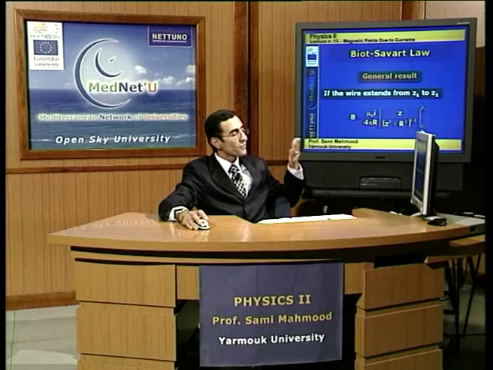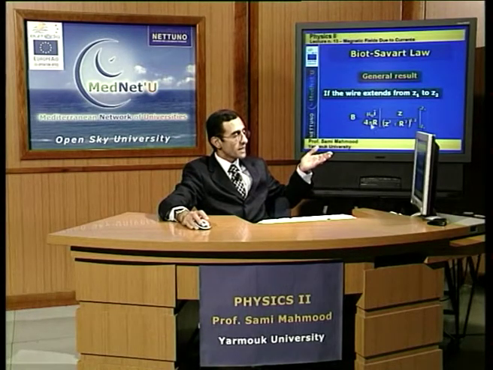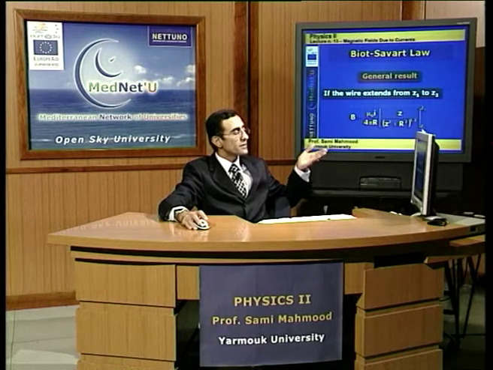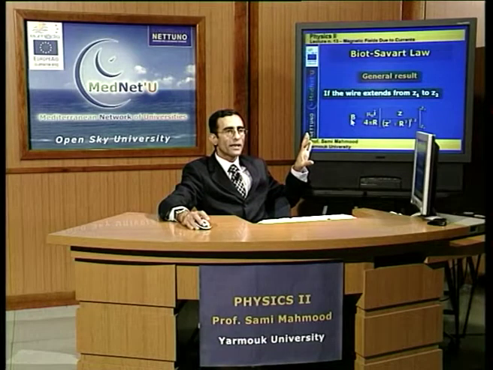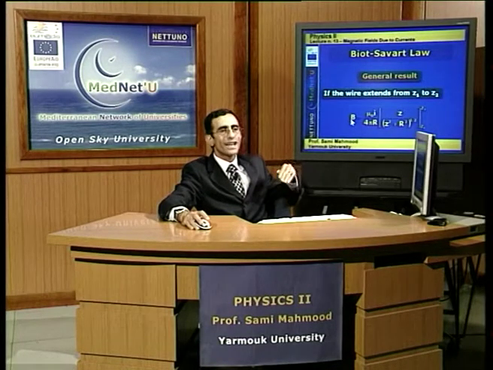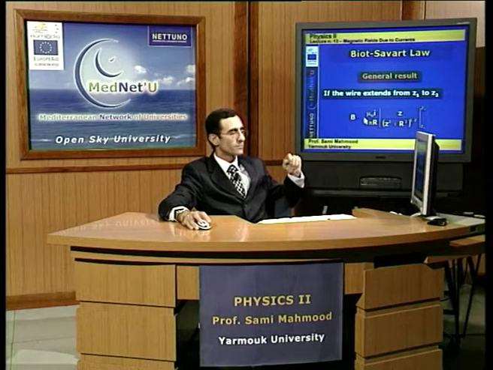If we substitute z1 in one limit and z2 in the other limit, then we can find the magnetic field produced by a straight wire carrying current I if the wire has any length that we wish. This is a general form.